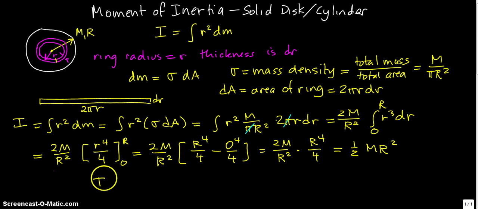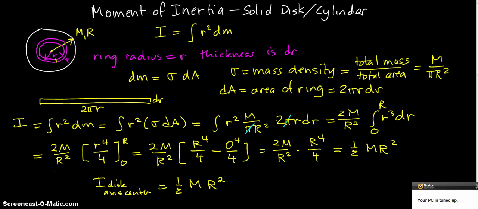So therefore the moment of inertia of a disk or a cylinder with the axis at the center is equal to 1/2 the total mass of the disk times the total radius of the disk squared. So that's half of what the moment of inertia of a ring or a hoop would be of the same mass and radius.